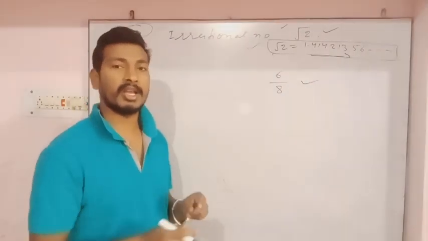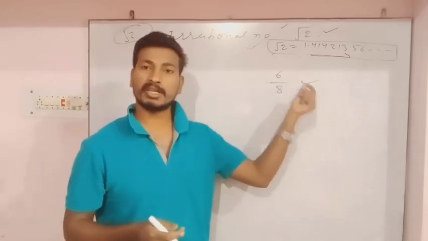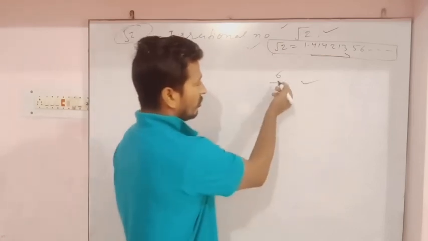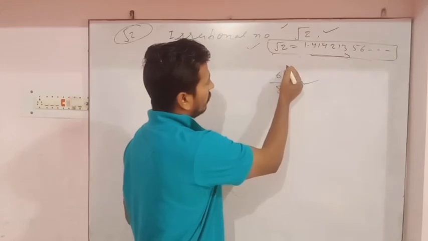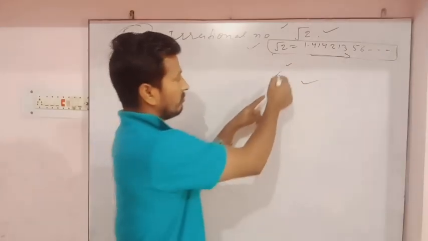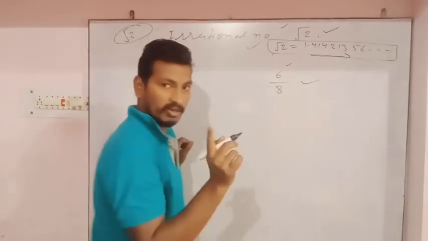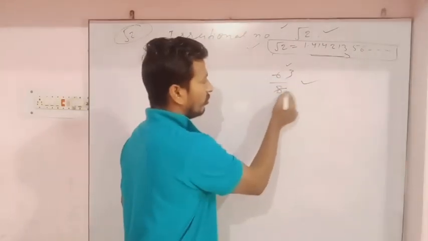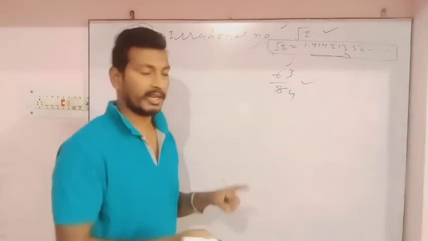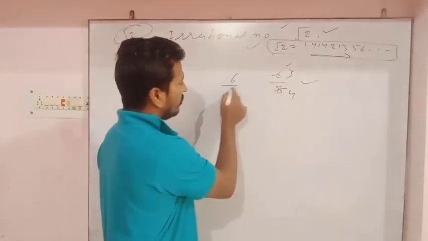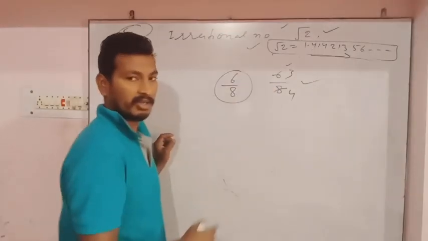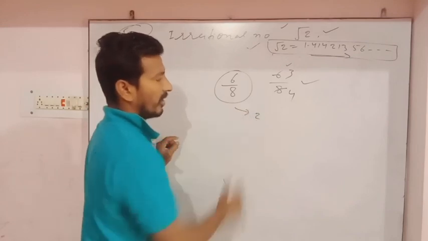Yes, this is a rational number, but it is not given in standard form, because there is a common factor for both numerator and denominator. If you cancel out by 2, then 2 threes are 6, 2 fours are 8. So 2 is a common factor.